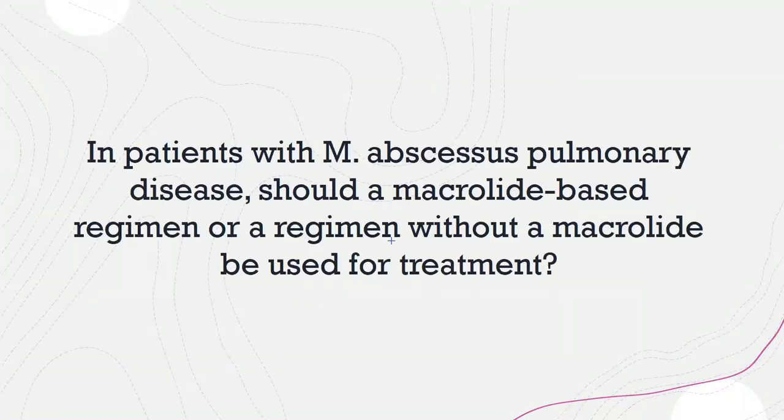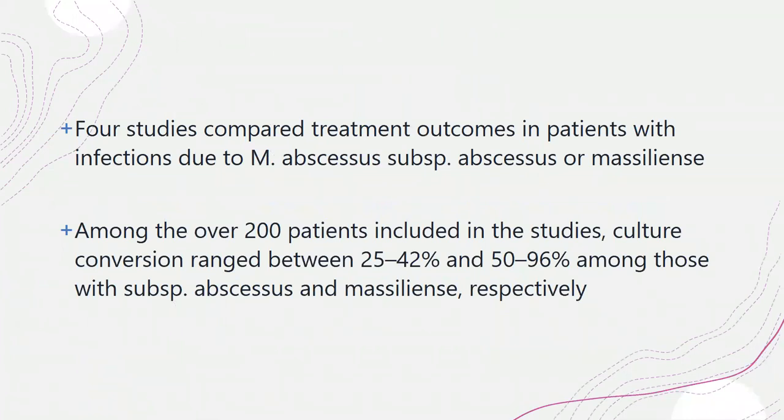So, in patients with Mycobacterium abscessus, do you want to use a macrolide-based therapy, or a therapy without macrolides? Generally speaking, there are 4 studies that compare treatment outcomes in patients with infections due to Mycobacterium abscessus and its subspecies.